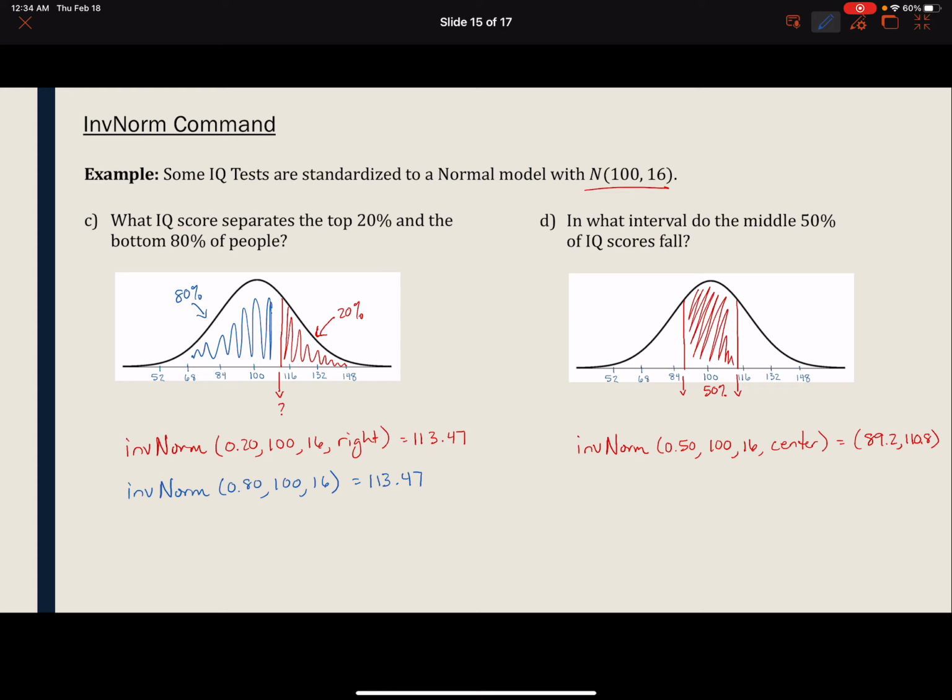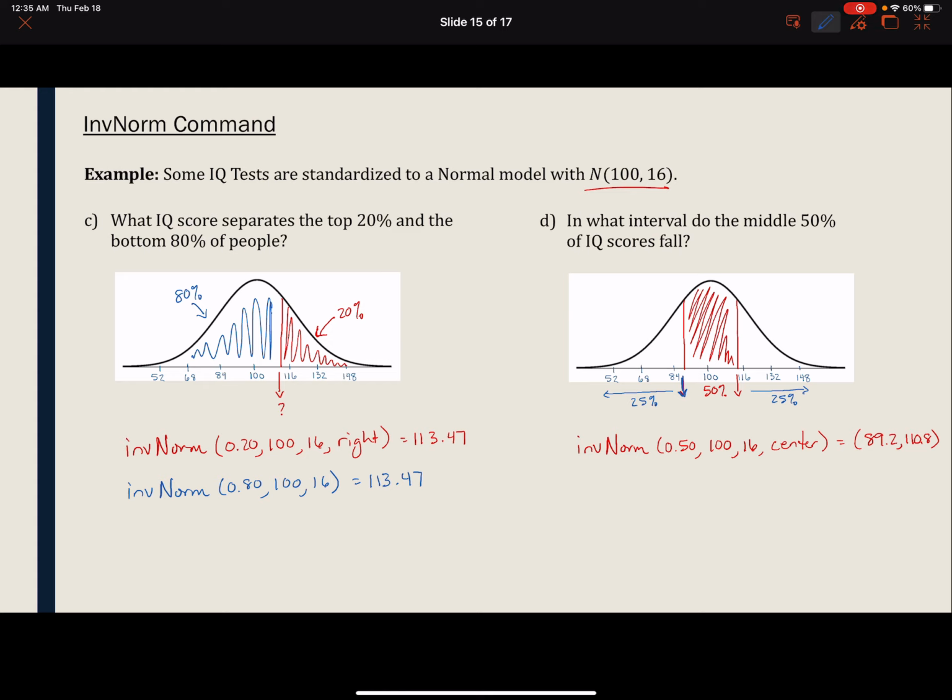So again, keep in mind the normal model is symmetric and it adds up to 100%. So if that's the middle 50%, then I know that what's above that value is 25%, and what's below this value is 25%, right? And that gives me the total 100%. So if I want to find this value right here, then that automatic left area is using 25%.